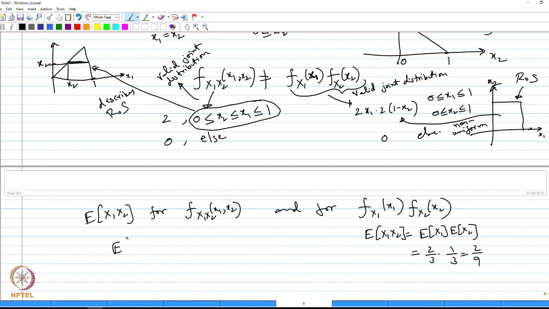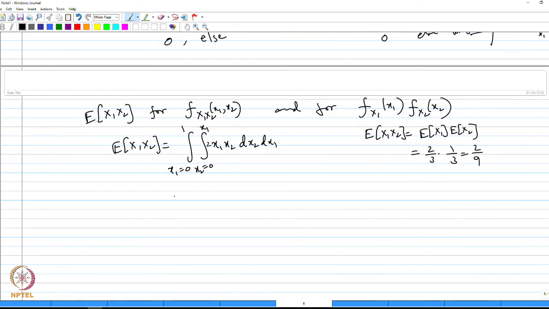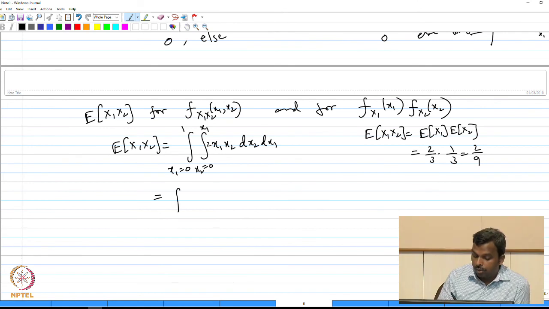So here if you do expected value of x1, x2, you actually have to do the double integral. You take x1 from 0 to 1, you take x2 from 0 to x1, 2, and then you do x1, x2, dx2, dx1. So this will be a different integral. So x1 from 0 to 1, 2x1 will be outside, and the integral of x2 dx2 from 0 to x1 is going to be x1 squared by 2.